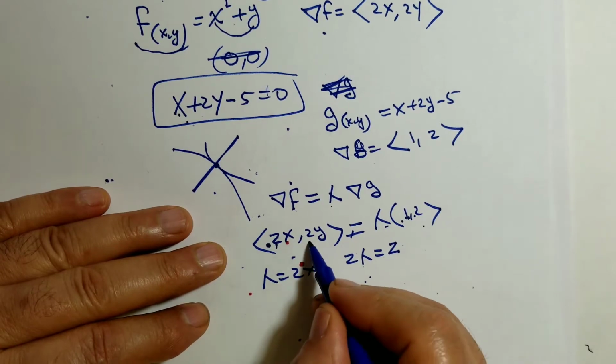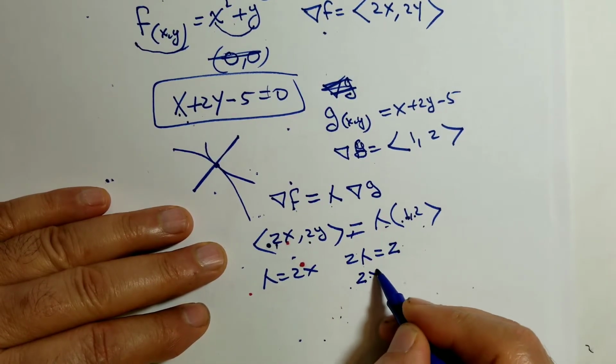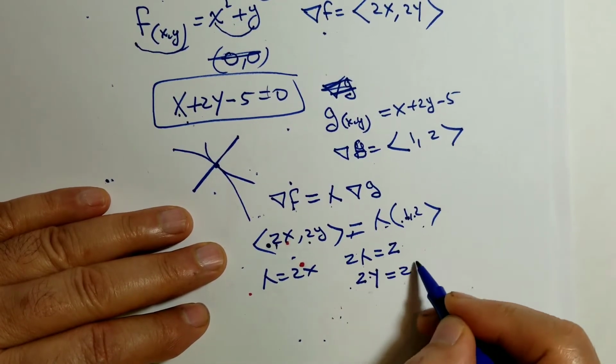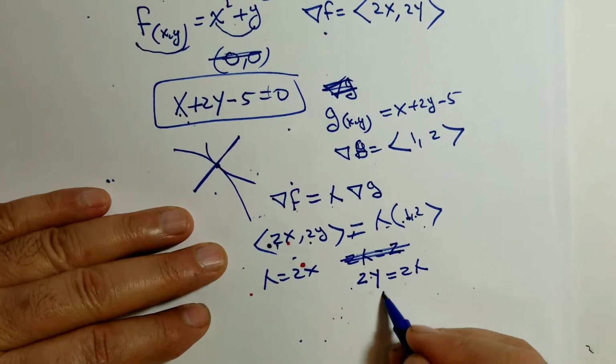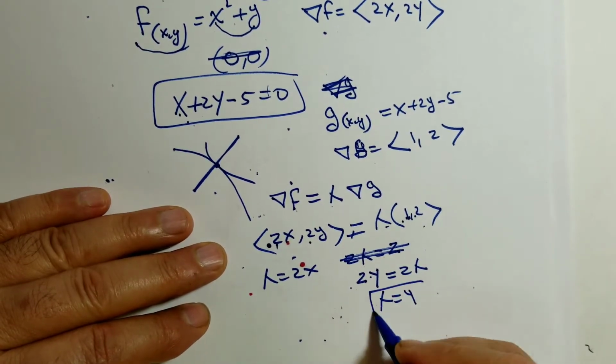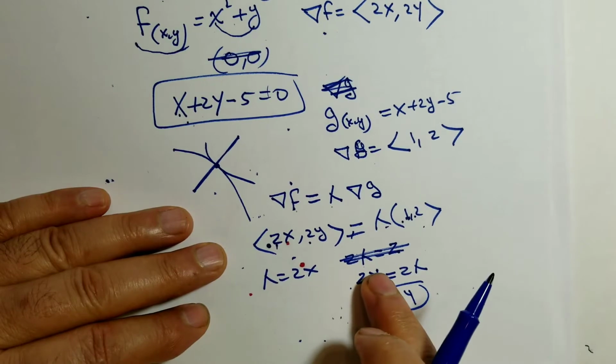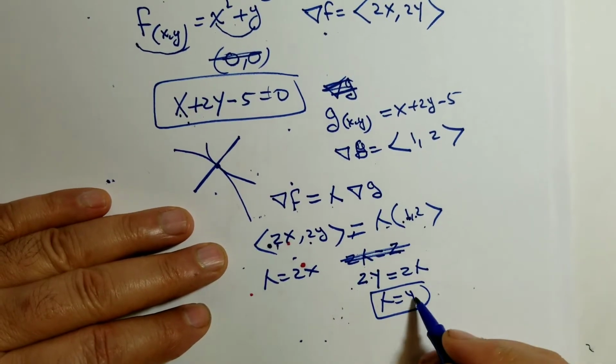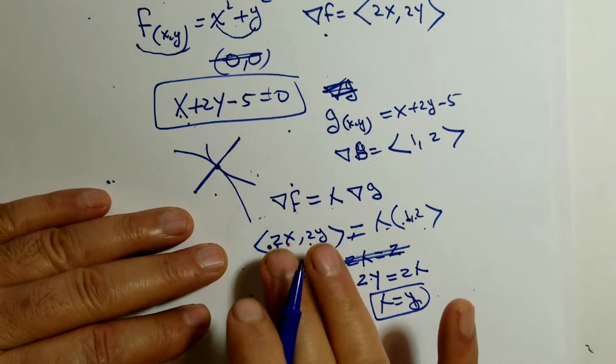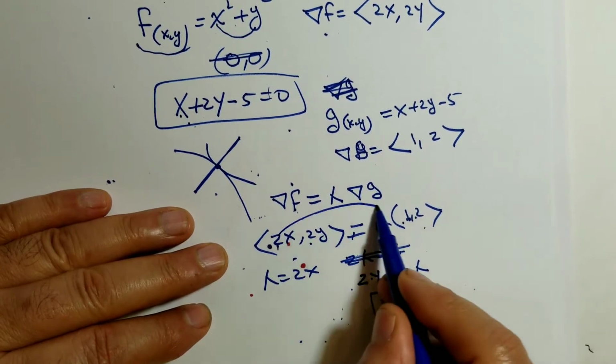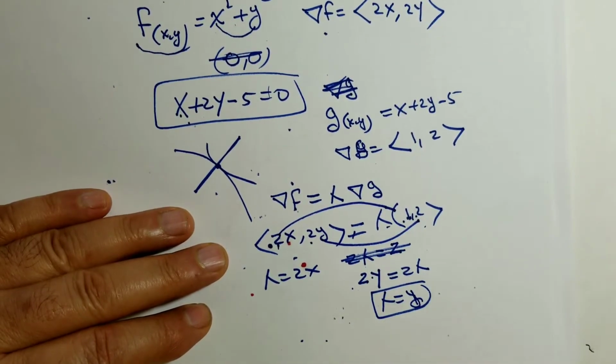Oh, here I have 2y equal to 2 lambda. Here it means lambda equal to y. In this relationship, lambda is y. In this relationship, lambda is 2x. I'm talking about that relationship and this relationship.